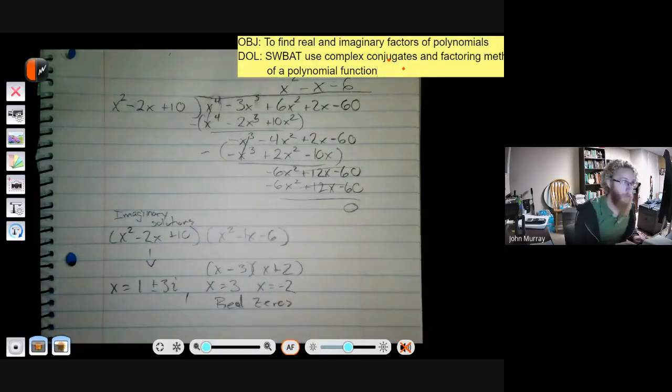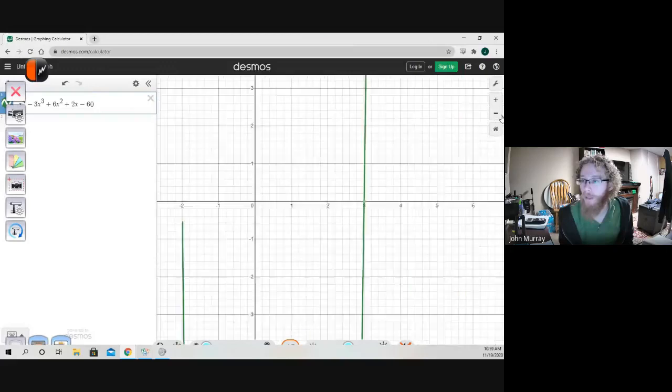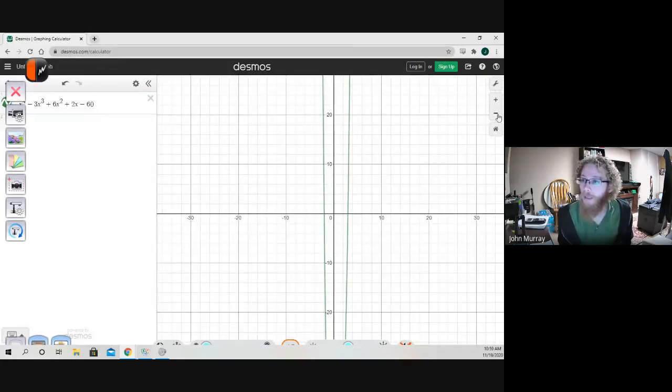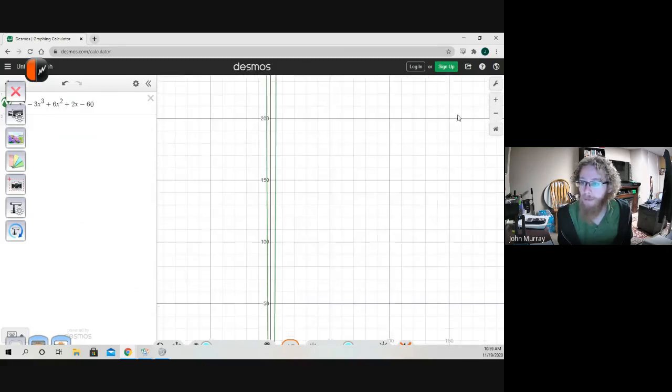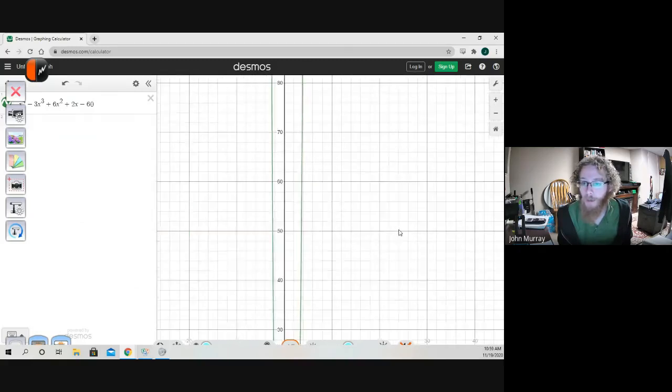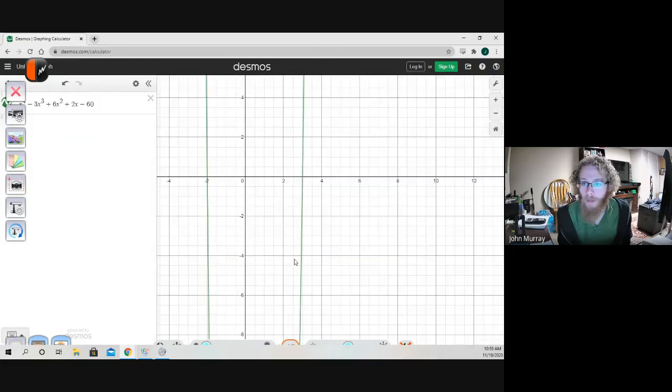So we have x to the 4th minus 3x cubed plus 6x squared plus 2x minus 60. All right, so here's our graph. We've got to zoom all the way out. Well, it's pretty big. It looks like it's only a parabola. Okay. And if we zoom in on the x-axis, oh, well, it only crosses twice.